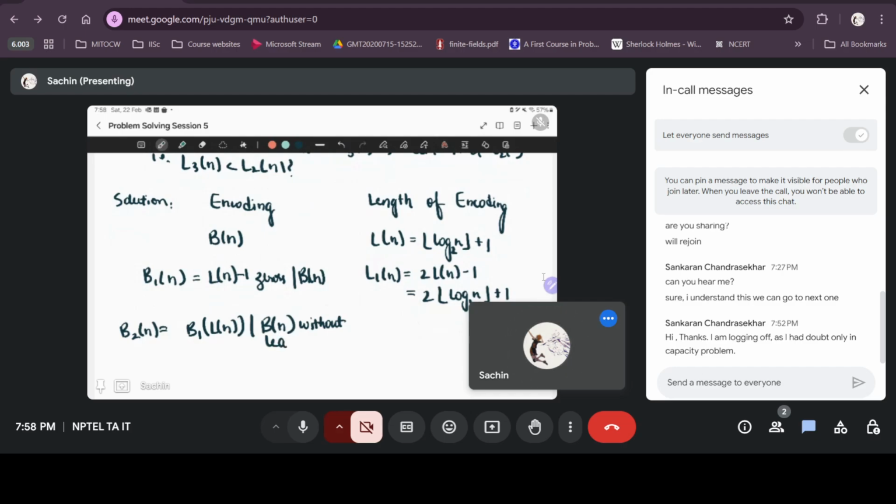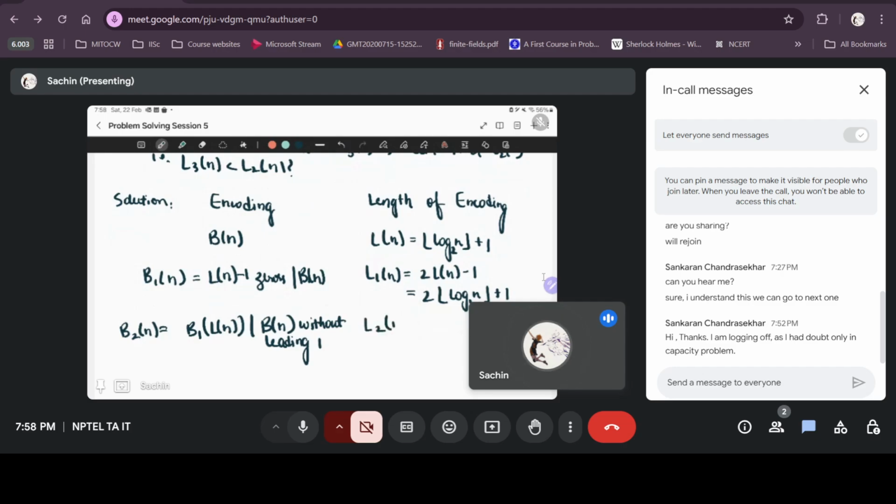That's alias2 coding. In alias1 coding, you had the binary equivalent, and to tell you its length, you used L of n minus 1 zeros. In alias2 coding, to tell you the length of the binary equivalent, you use alias1 coding of the length of the binary equivalent. Then you remove the leading one from the binary equivalent and append that as a suffix.